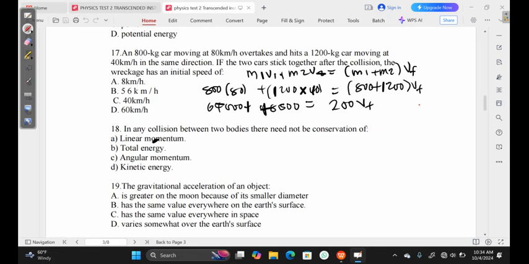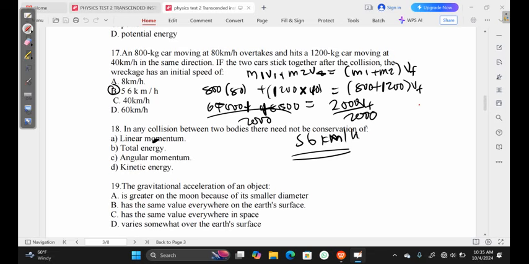So divide both sides by 2,000. So you say 64,000 plus 48,000, the answer you find divided by 2,000. So I'm getting 56 kilometers per hour. I don't have to change them to meters per second because the answers are already in kilometers per hour. So the correct answer is B.